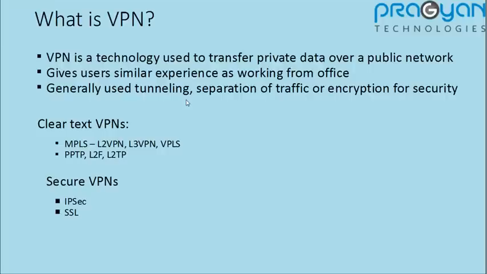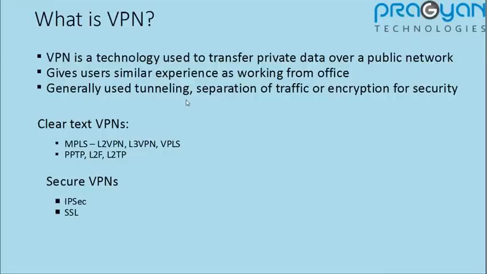So what is VPN? VPN is really a private network, but it's a virtual private network. What that means is it's a private network, but this private network is running over a public network. One example is, say you are working from your branch office, and your branch office is connected to the internet, and your headquarters is also connected to the internet, and you are communicating between your branch office and headquarters.